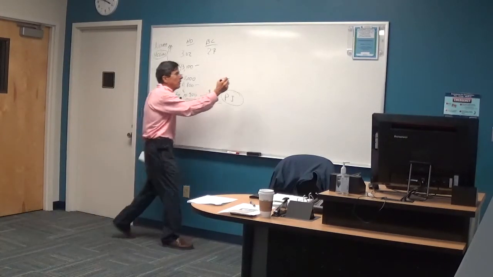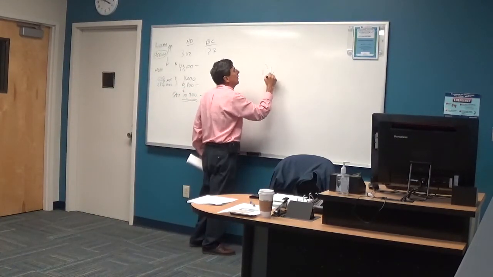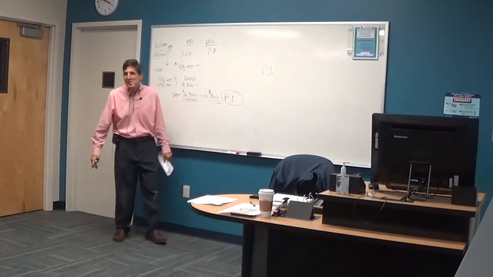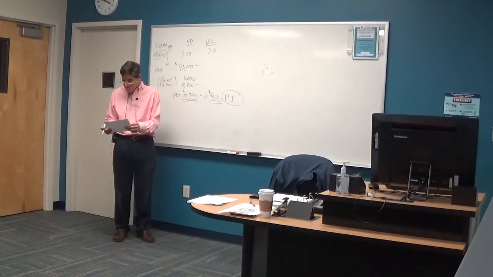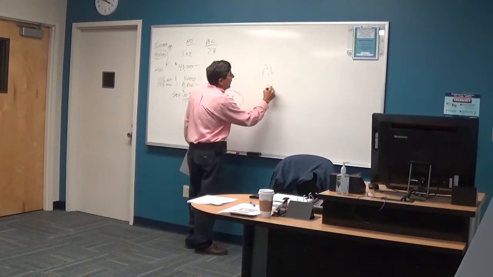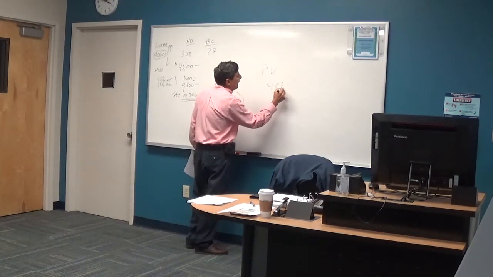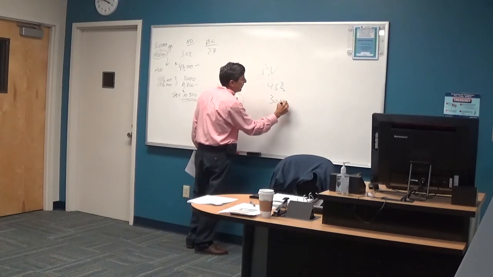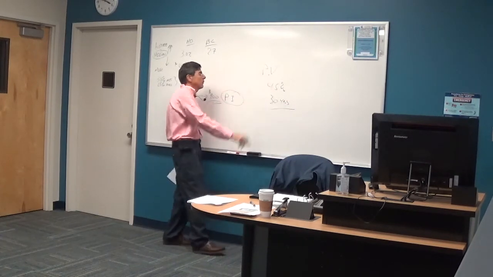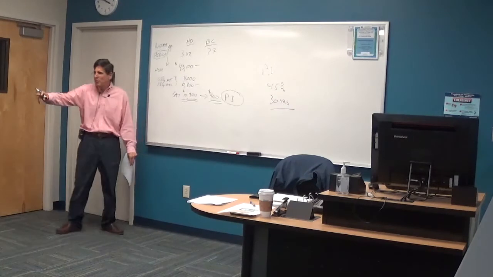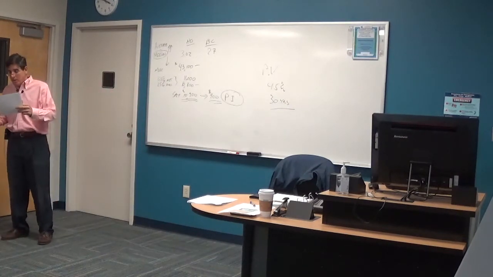177. Solve for PV. What was the interest rate? 177,625. 4.5%, at 30 years, solve for the present value. I got 177, you said? I might have hit something wrong.